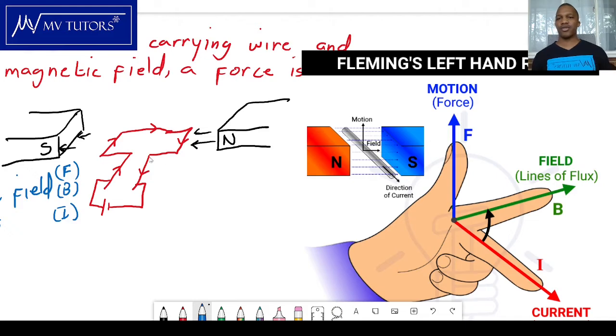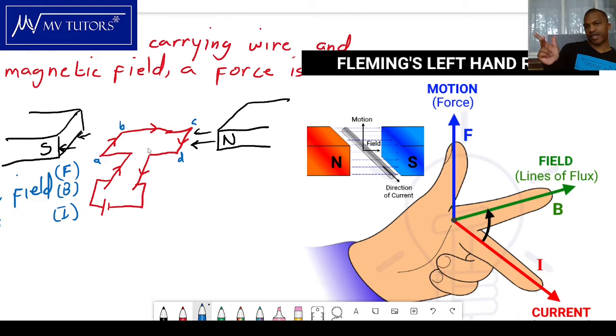Now let's look at my example over here. Let's name these: A, B, C, D. Remember, this is also in 3D. Let's look at side AB. From side AB, we are given the current, so we start with the current, which is the middle finger, and it's moving that way.